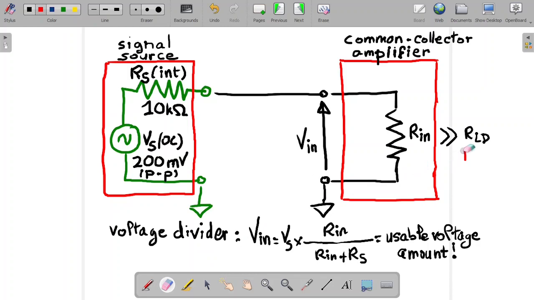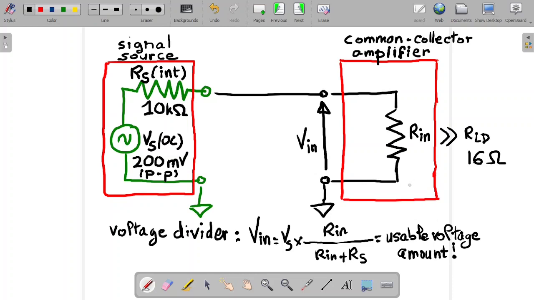So Rin is going to be much larger than your R load. So again, if you use the voltage divider, the Vin, which is the voltage across, is going to be equal to Vs times Rin divided by Rin plus Rs. And what you're going to get is a usable voltage amount to drive the speaker.